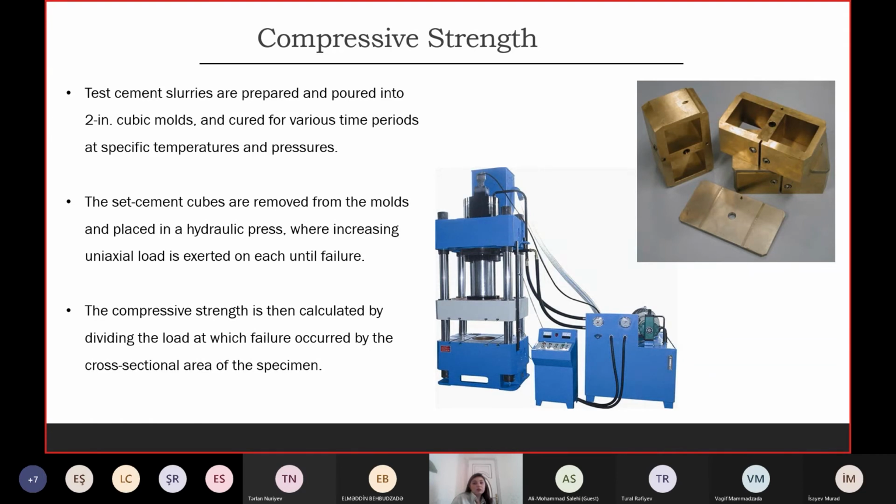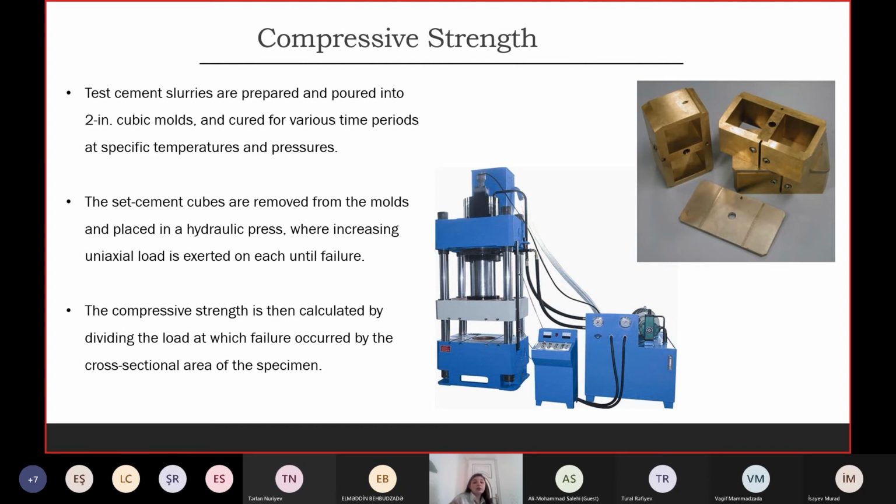We remove it from the molds. Usually these molds are easily removed because you are adding some oil or grease inside the mold. You remove it and put it under the hydraulic press.